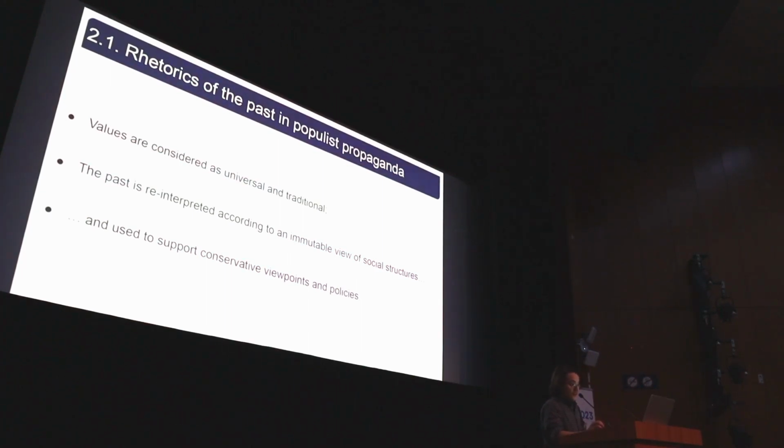This perspective of the past is used to support the preservation or the construction of social structures seen as the direct heritage of a so-called natural order, universally recognized by all civilized human communities and unchanged over time.